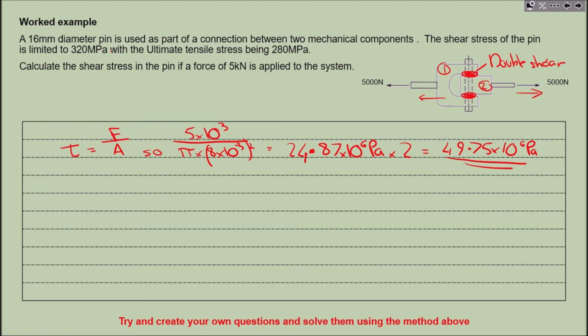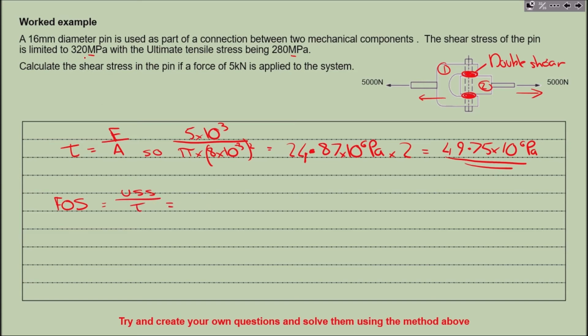Now I'm just going to go back up to this question a sec. We've got a shear stress of the pin of 320 megapascals, tensile 280 megapascals. Something we've mentioned in previous sessions is this thing called factor of safety. It takes the ultimate stress that the material can withstand and divides it by its working stress to give us a ratio.